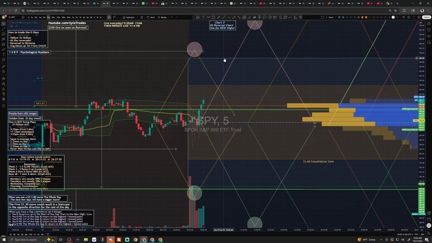Looks like you're going to start turning to the downside here, potentially, if you can't stay above these highs.